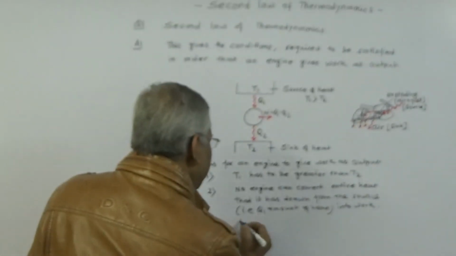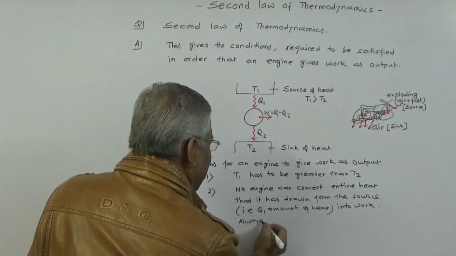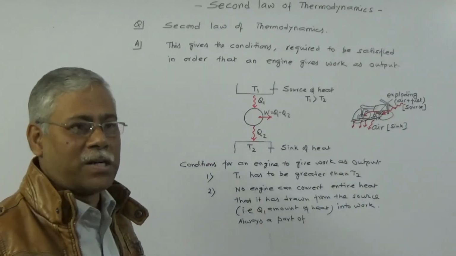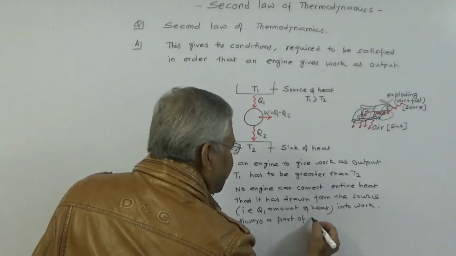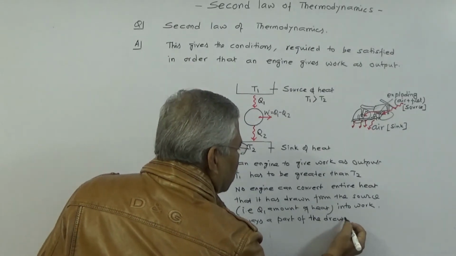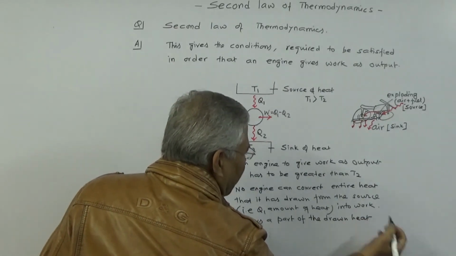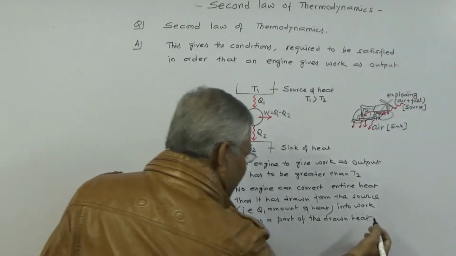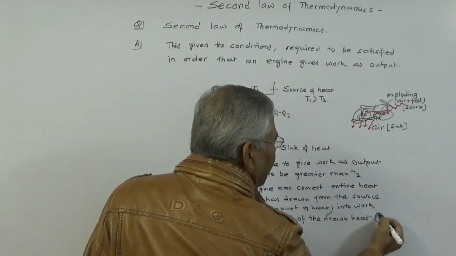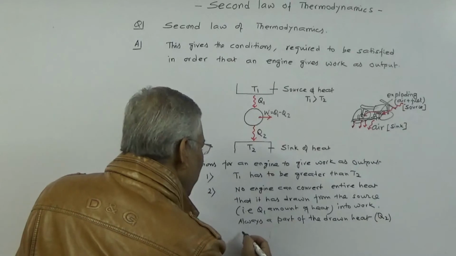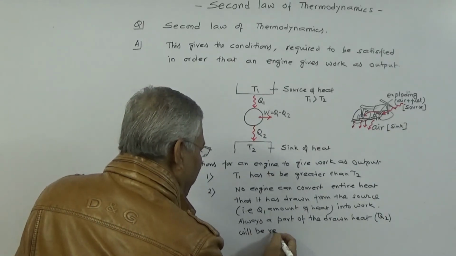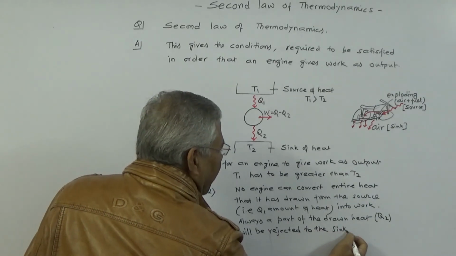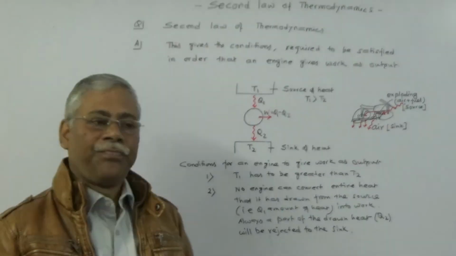Always a part of the drawn heat, Q2, will be rejected to the sink.